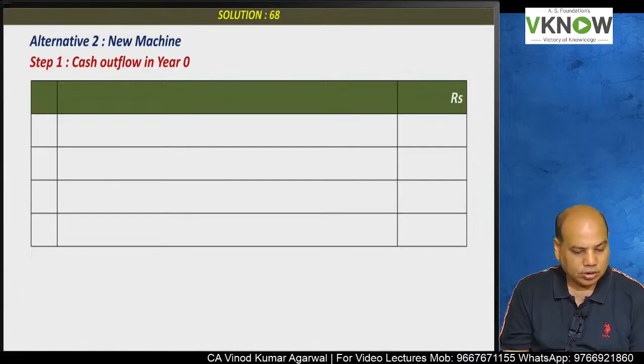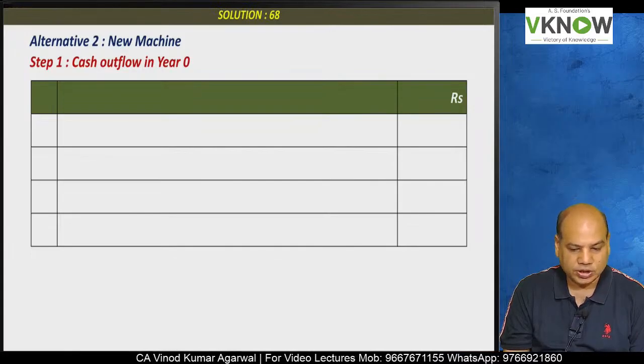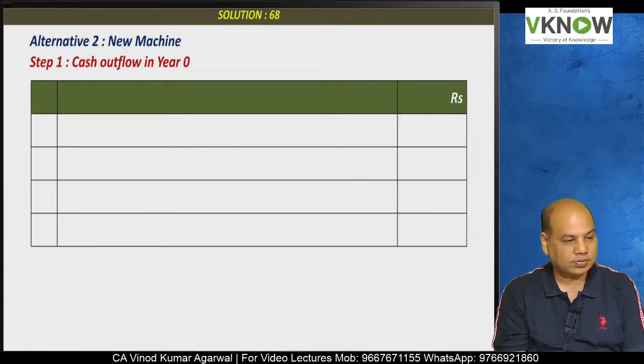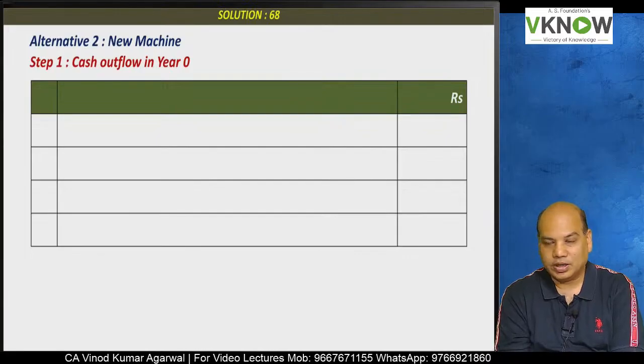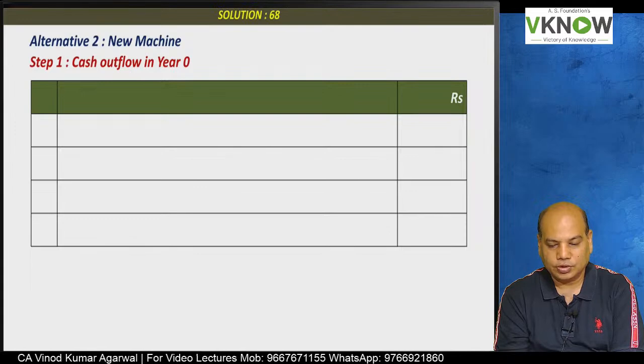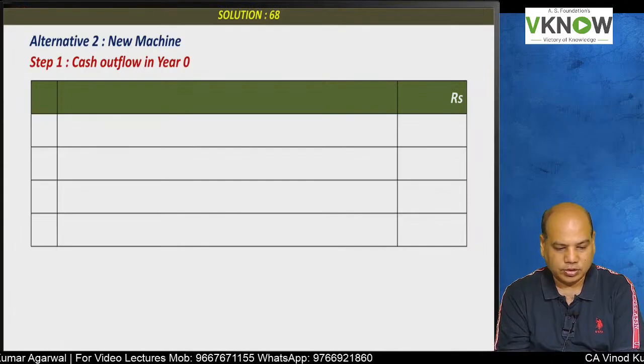Now write down alternative 2. Instead of upgrading the old machine, you can replace it by a new machine. Very good question. This is how we also think: should we upgrade or should we buy a new one? Step 1: cash outflow in year 0.